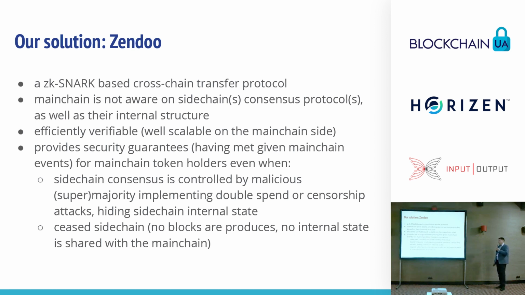Moreover, if there is a censorship attack, where the attacker controls the sidechain and doesn't include an honest user's transaction, even in this case coins can be taken back to the main chain. Moreover, if a sidechain ceases, or is dead with no blocks produced, users can take their coins from the sidechain to the main chain. And all of this has no trusted parties.